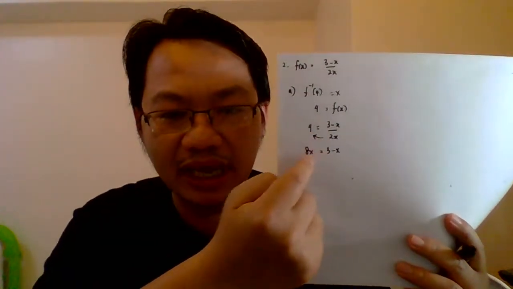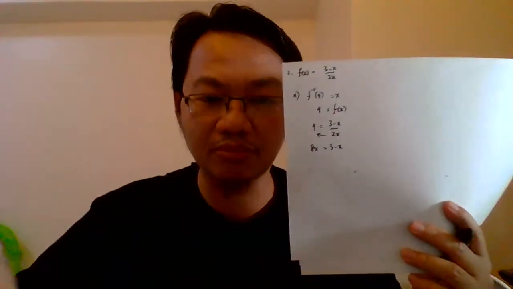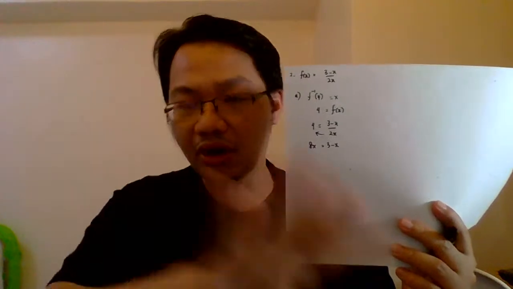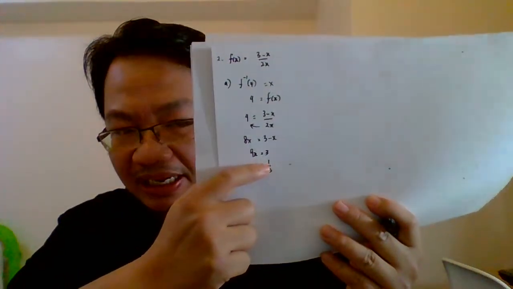So it becomes 4 times 2X, which is 8X, equals to 3 minus X. Now regroup all X on one side, the number on the other side. So we get 9X equals to 3 and X equals to 3 over 9. I simplify that, it becomes 1 over 3.